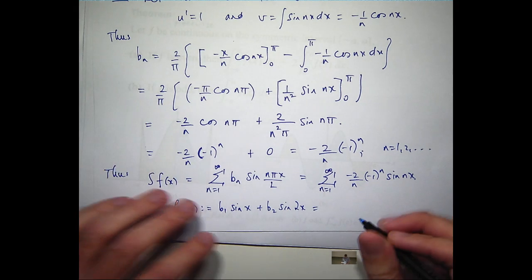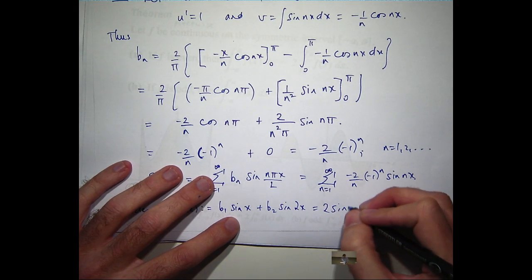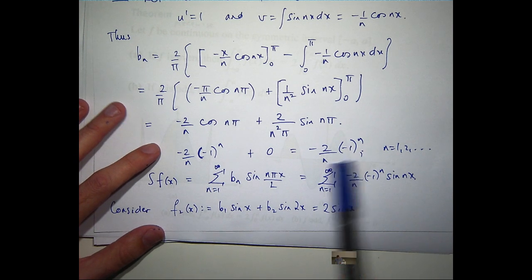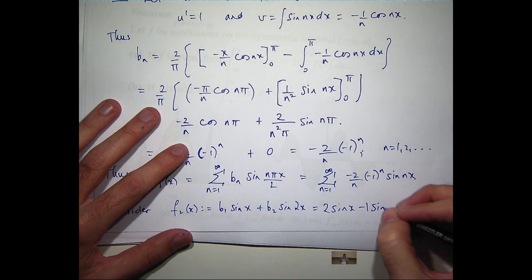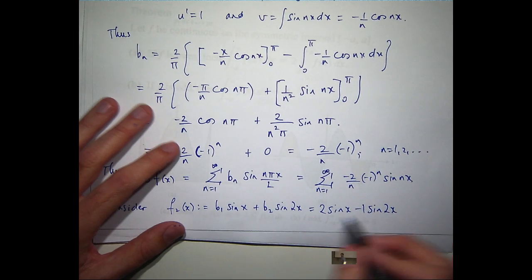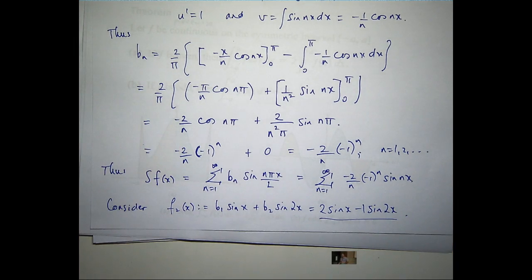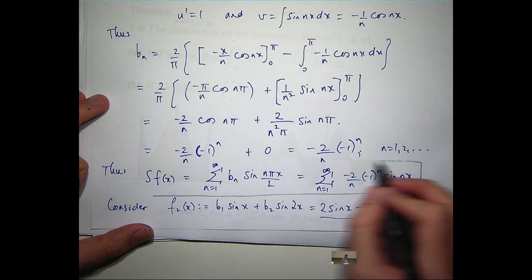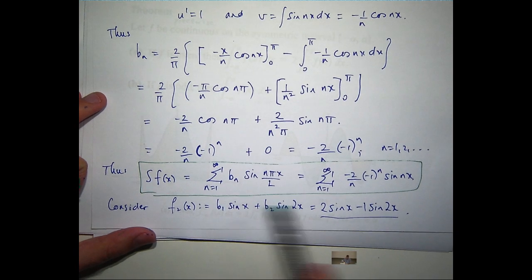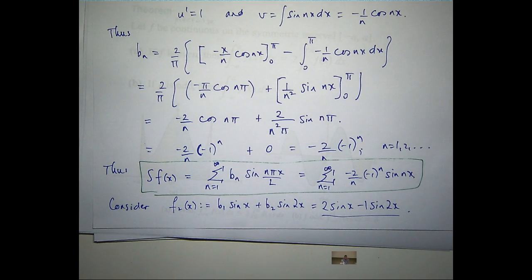So I'll get 2. And if I put in n equals 2 in here, I'm going to get negative 1. Okay, so here's my general Fourier series, and here's just a partial sum of that.